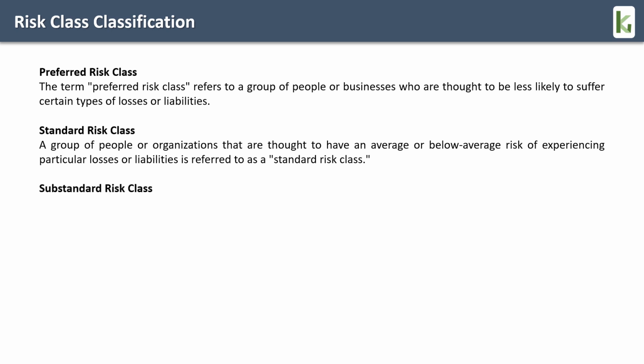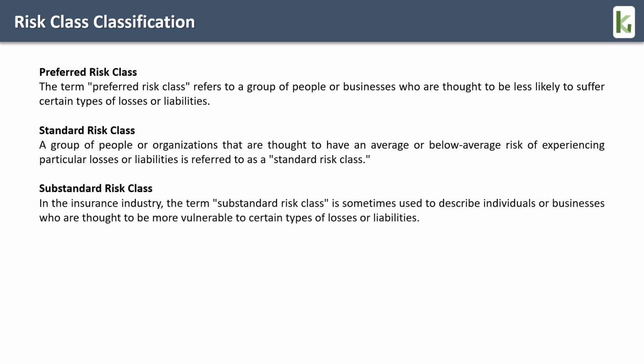Substandard risk class. Now in the insurance industry, the term substandard risk class is sometimes used to describe individuals or businesses who are thought to be more vulnerable to certain types of losses or liabilities.